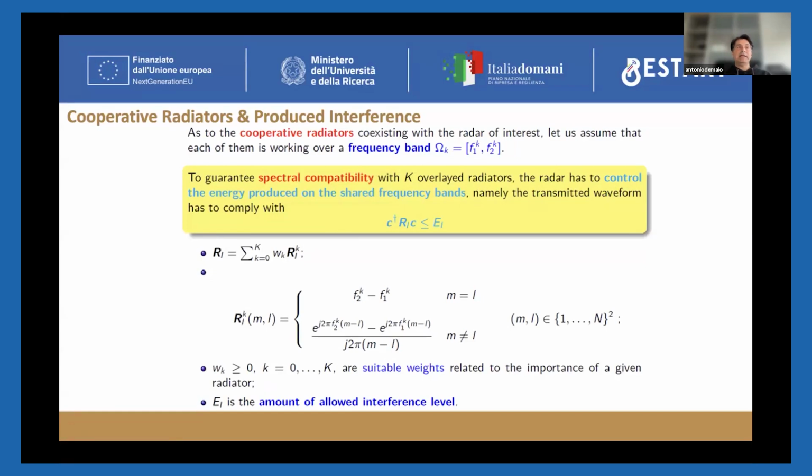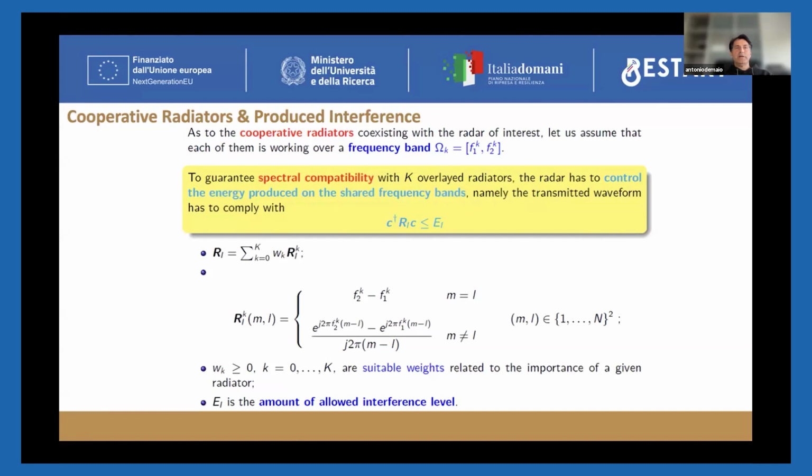The weights Wk are assigned to each licensed bandwidth, I mean to each licensed radiator, and the weight Wk rules the importance of the different RF systems, and finally EI indicates the overall amount of interference level which is allowed.